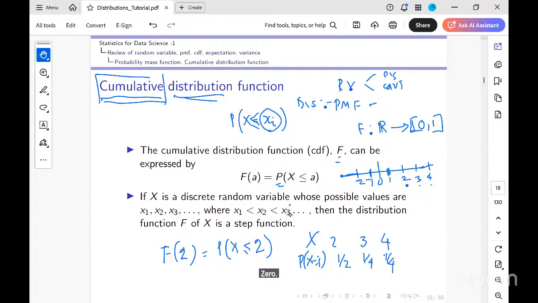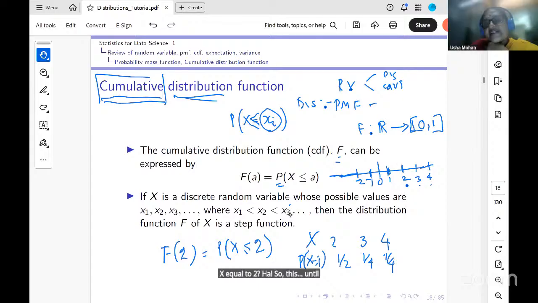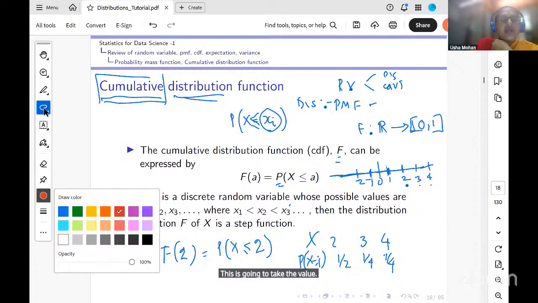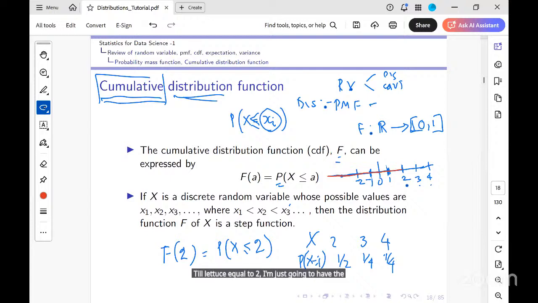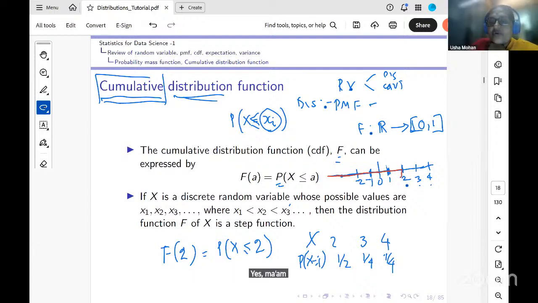X equal to 1? 0. X equal to 2? 1 by 2. So until X is equal to 2, this is going to take the value 0. Would you all agree? Yes, ma'am. At X equal to 2, I have a jump of 1 by 2.